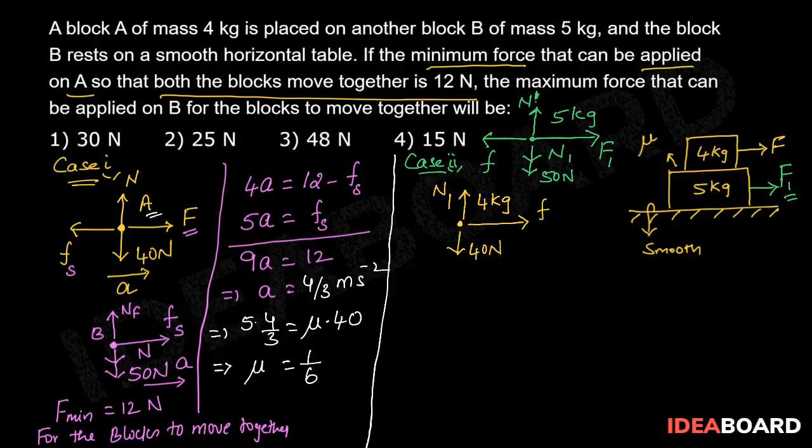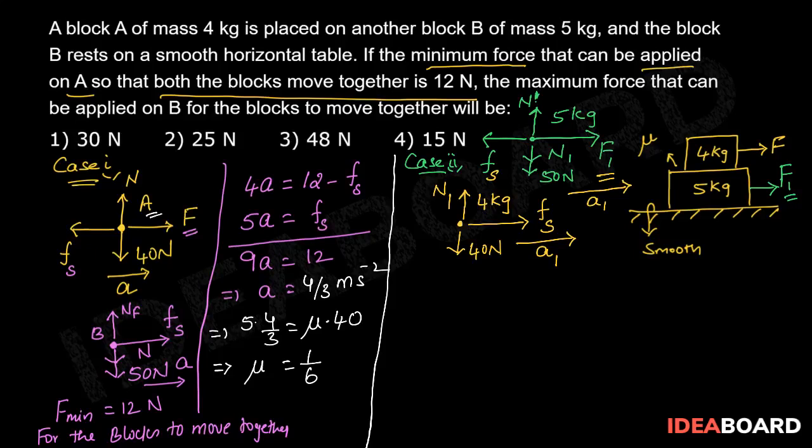According to the problem, he is asking to find the maximum value of F1 for which both the blocks will move together. If both blocks are moving together, the frictional force between them will be static friction. And if block B is accelerating towards the right with an acceleration of a1, then the 4 kg block will also accelerate towards the right with the same acceleration.